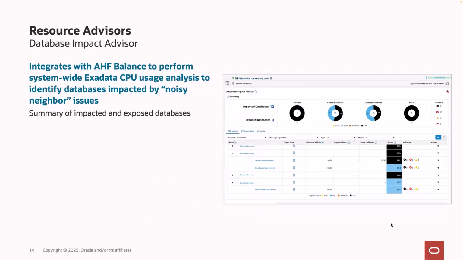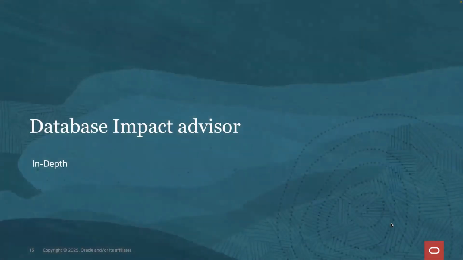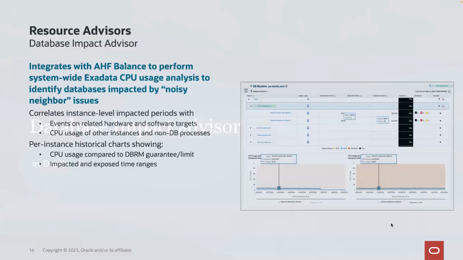You can identify databases impacted by noisy neighbors and all that type of things. A summary of the impacted and exposed databases, how much time and so on. So let's go into depth and talk a little more about this, what's available here and what we can do.